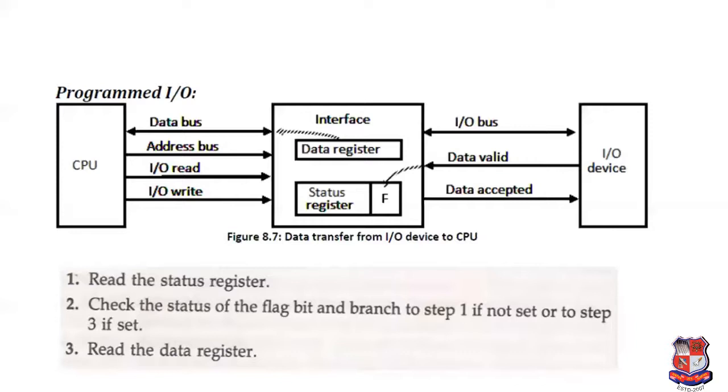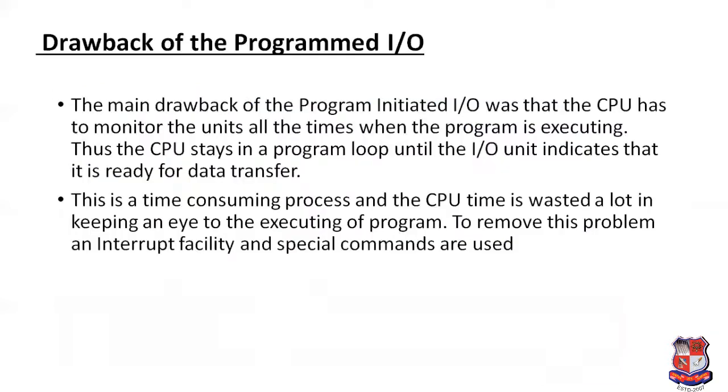So it can perform two types of read operation. One is reading of the status register and the second is reading of the data register. And the next thing it can perform is to check the status of the flag bit to transfer the control to step 1 or step 3 based on the status of the flag bit.